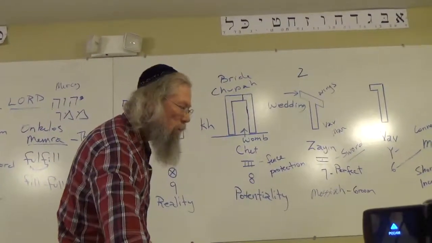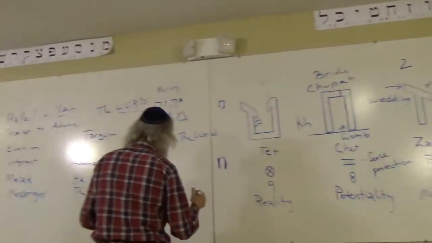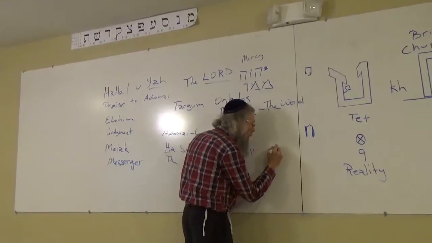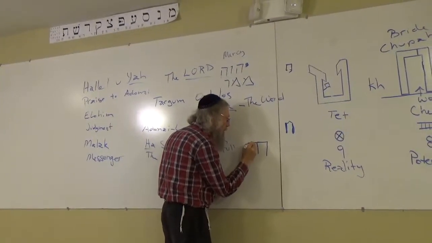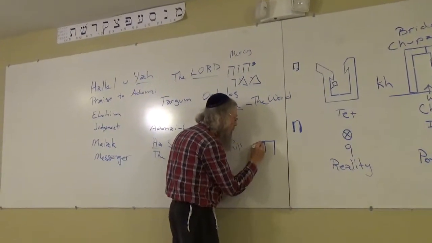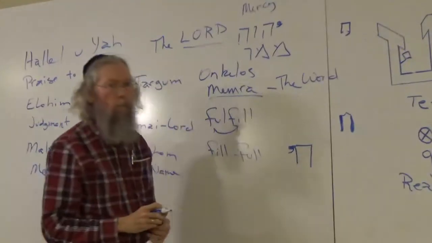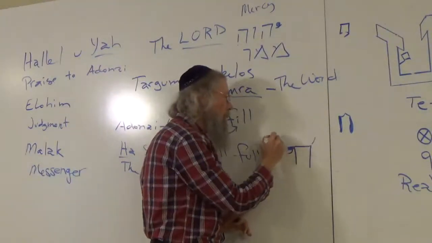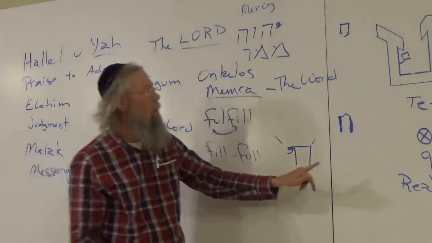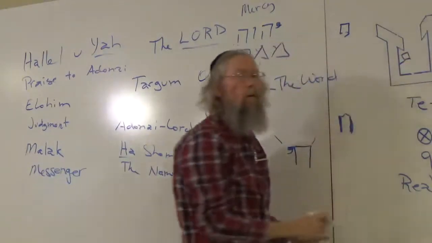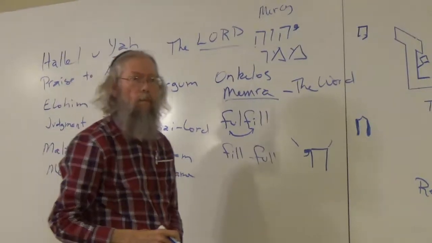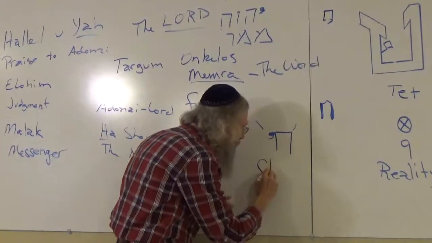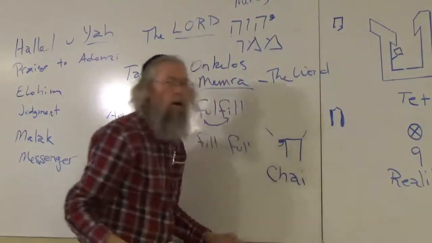You can look this up online, there are necklaces that you can buy that have this symbol. It's a necklace, which is the Chet and the Yud. Chai.